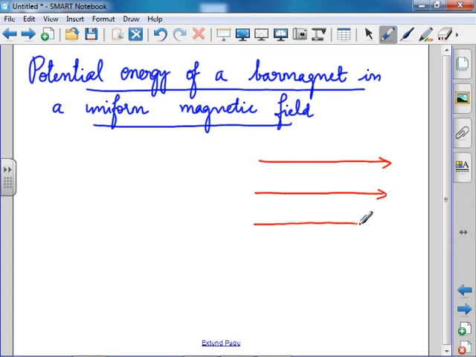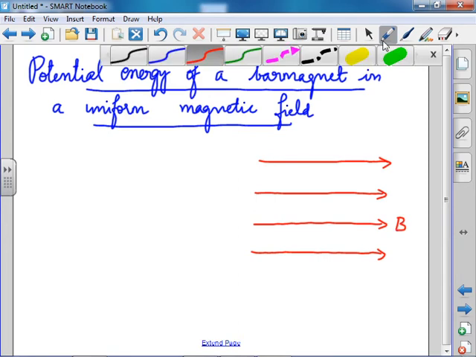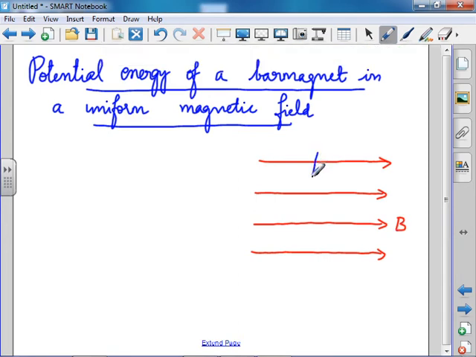Let us consider a uniform magnetic field which is represented by parallel lines, and a bar magnet is kept in this magnetic field, making an angle theta with the field.